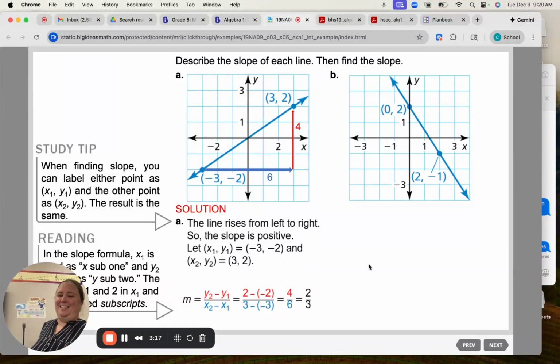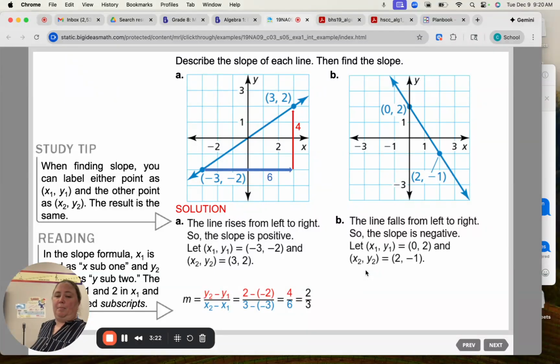All right, let's look at B. We know this is a negative slope. We're going to plug in our y2, y1s. The 2s are 2, negative 1 and the 1s are 0, 2. So y2 is negative 1 minus 2, and then the x's are 2 minus 0.